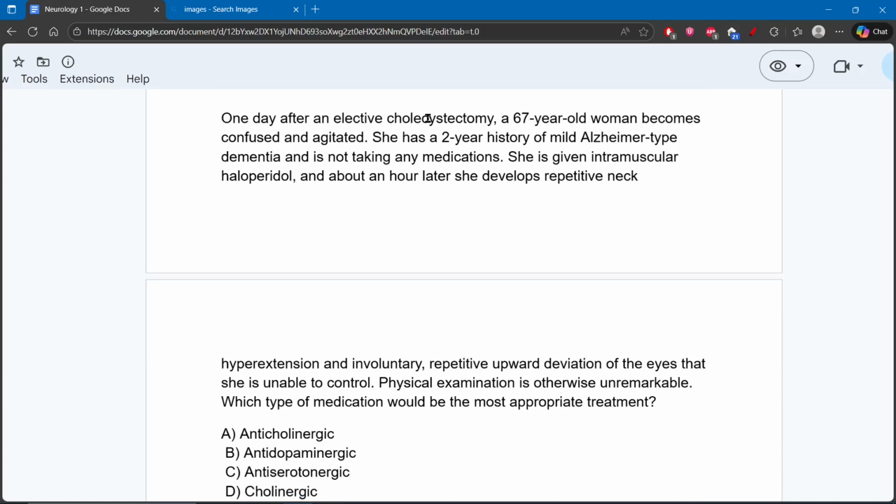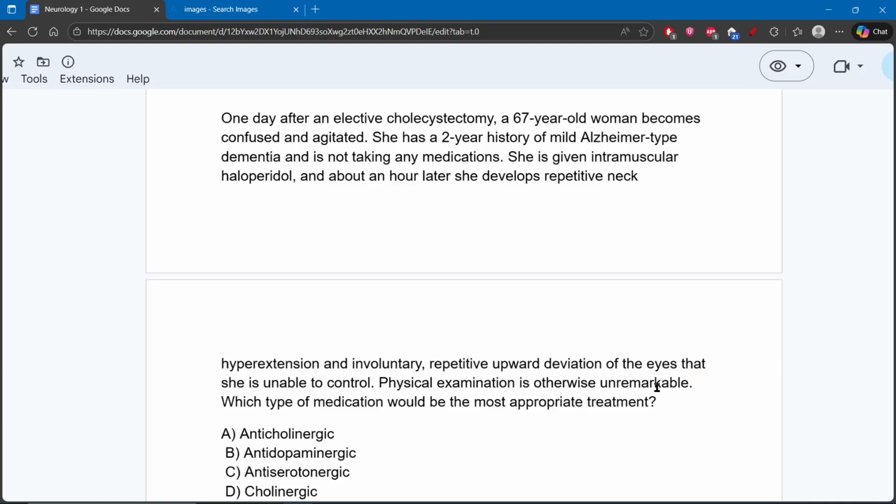One day after an elective cholecystectomy, a 67-year-old woman becomes confused and agitated. She has a 2-year history of mild Alzheimer type dementia and is not taking any medications. She is given intramuscular haloperidol, and about an hour later, she develops repetitive neck hyperextension and involuntary repetitive upward deviation of the eyes that she is unable to control.